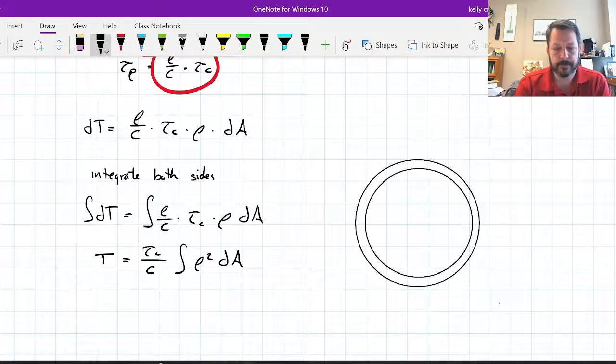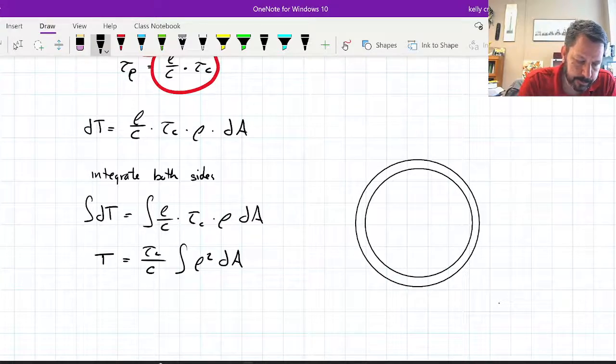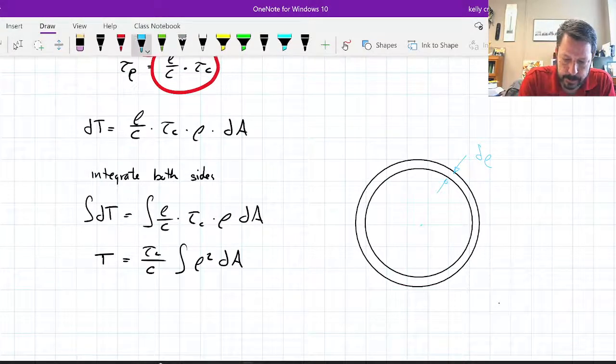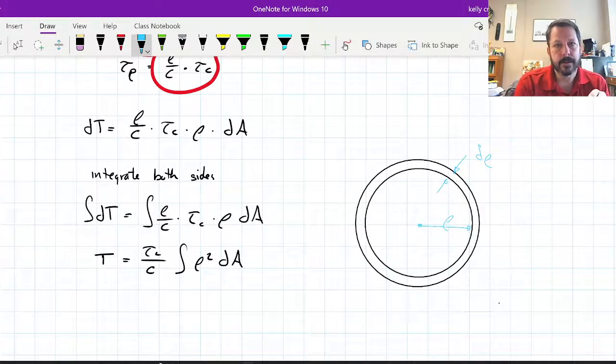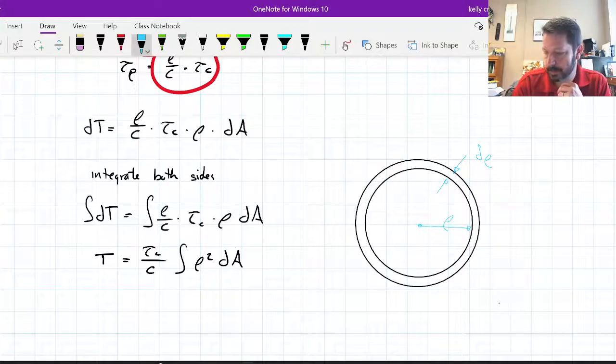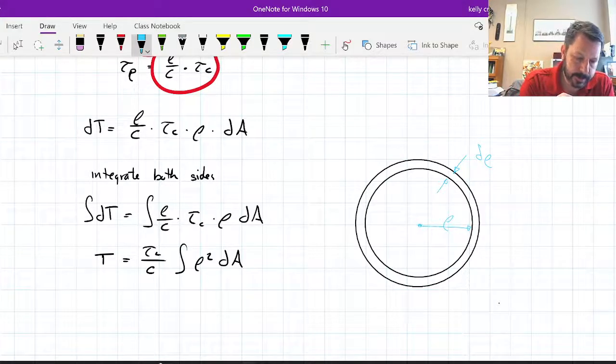So there's our little d rho thick ring, and the current inner radius is rho. This isn't necessarily the profile of the whole tube. It is just a differential ring that exists in however thick the tube or the shaft is. This shaded area, if I were to color it in, that area is dA.